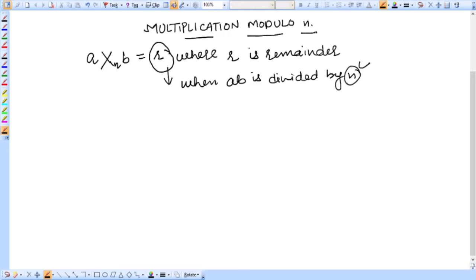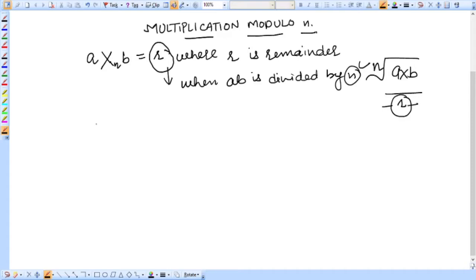When ab is multiplied and divided by n, whatever is the remainder, that is a multiplication modulo n b.